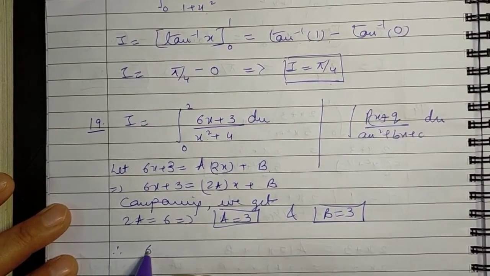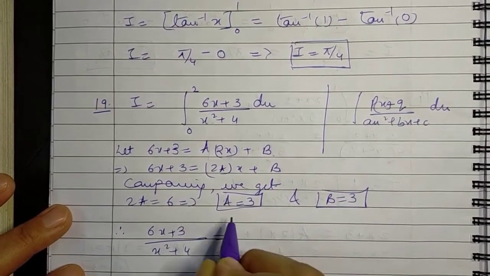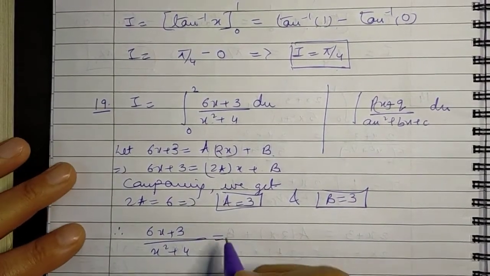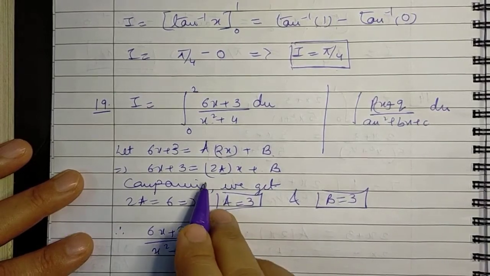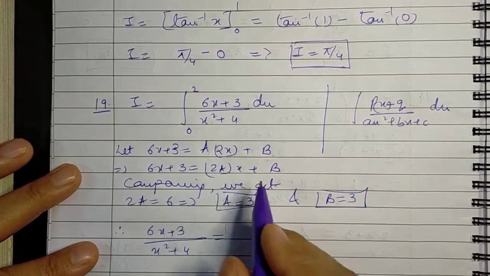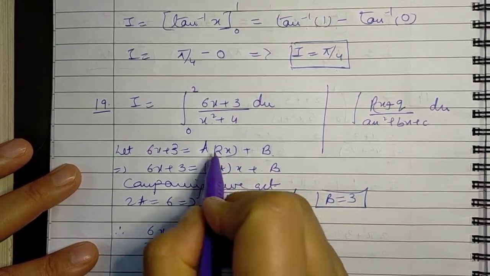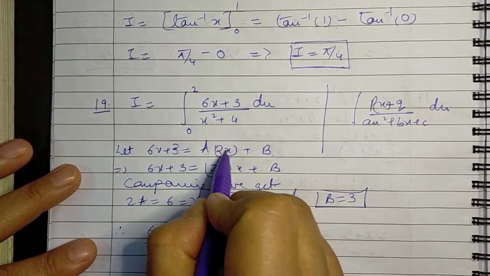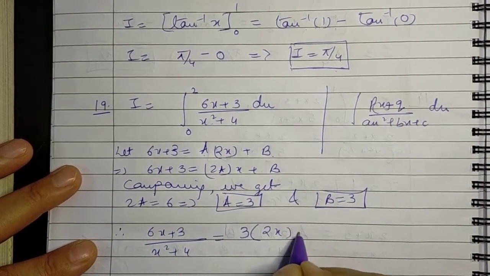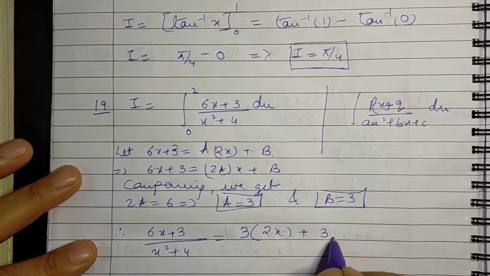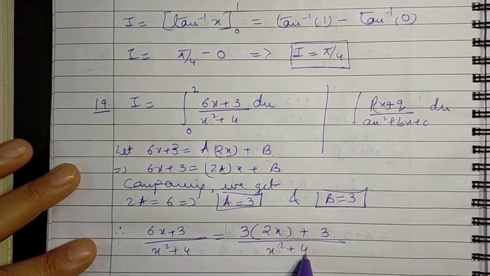Therefore, 6x plus 3 over x squared plus 4 can be written as a times the derivative of the denominator, that is 3 into 2 times x, plus b, which is 3, whole upon x squared plus 4.